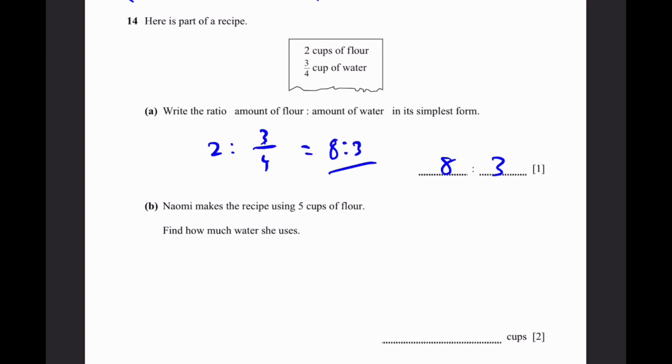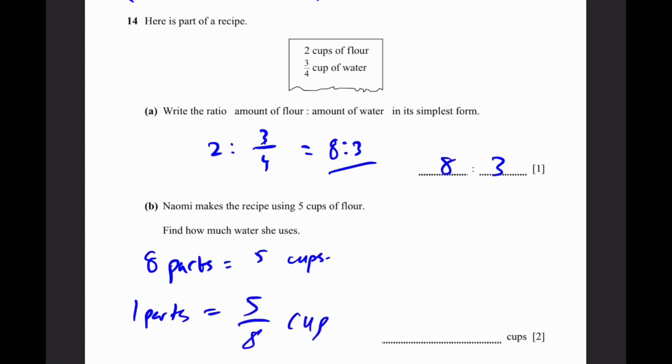B, Naomi makes the recipe using 5 cups of flour. Find how much water she uses. So the amount of flour is 8 parts, and 8 parts is 5 cups. Now, 1 part is equal to 5/8 of a cup.